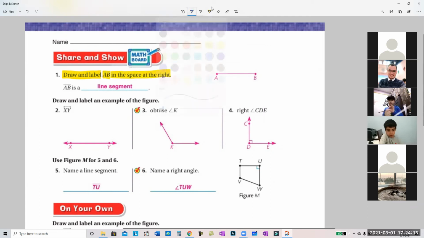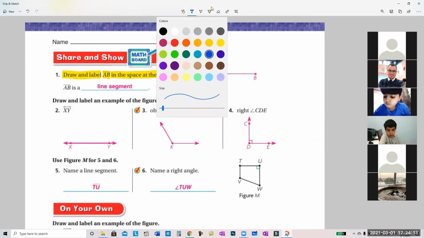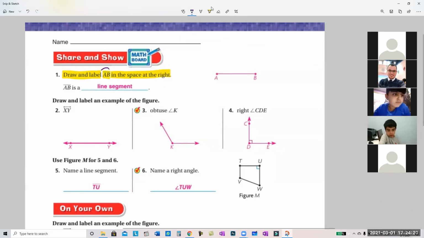Let's draw it with me. First of all, let's label the 2 points. Let's put the 2 points and name them A and B. You can draw it in any direction.